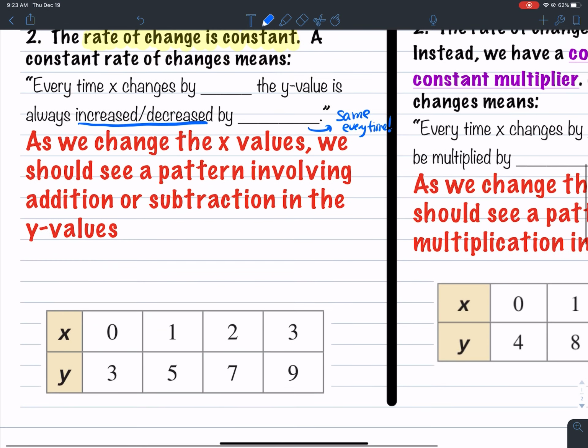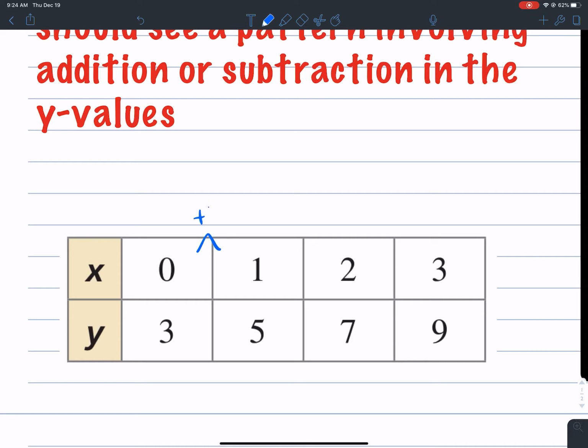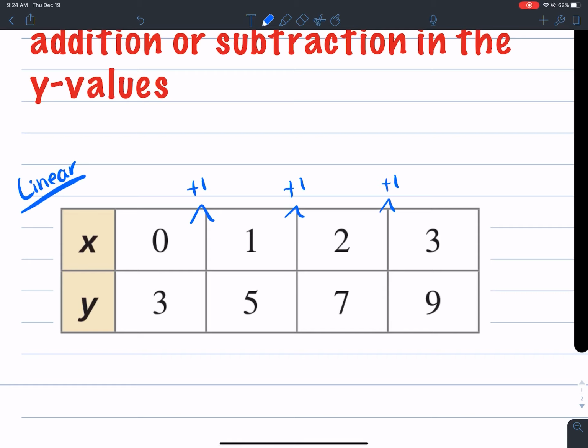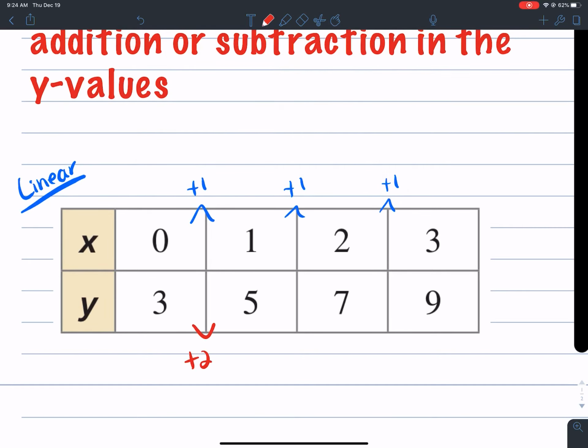So let's look at what that means here. We have this table here, and what we can see in the x values is that the x values are increasing by 1. So then what we see, and again, maybe I'll just label this table as linear so we know that it is linear. If I change x by 1, what I'm noticing is that the y values are increasing by 2.